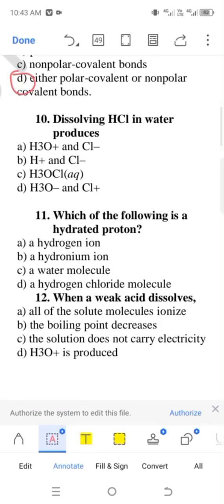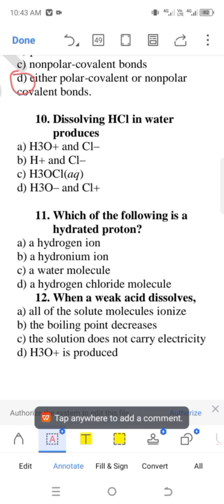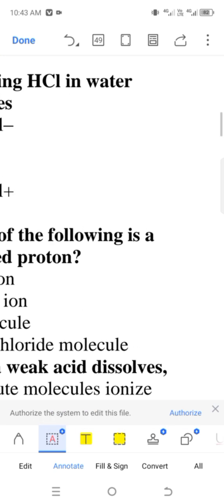Dissolving HCl in water produces... this is just the reaction of HCl. Whenever HCl reacts with water, it will produce ions.